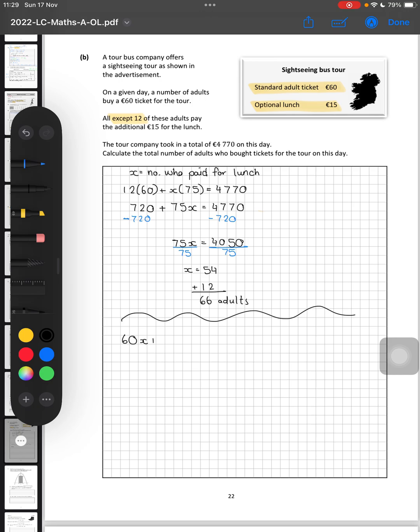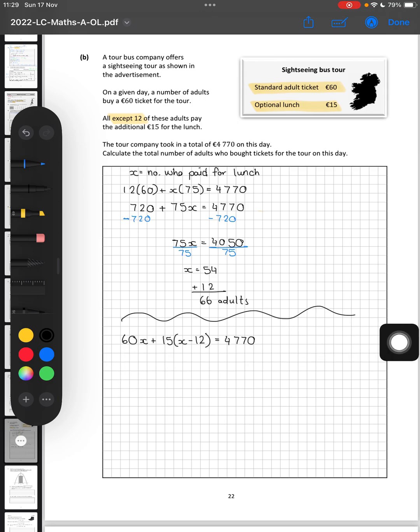And then how many people paid the extra €15? All of those X people except 12. So the basic ticket is paid for by everyone, and the €15 extra is by everyone except for those 12. And I could have used that to get me 4770. Okay, so if I do it this way, it's going to work out the exact same.